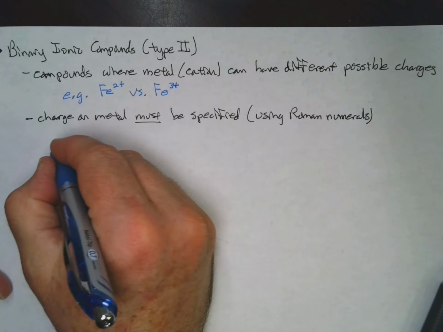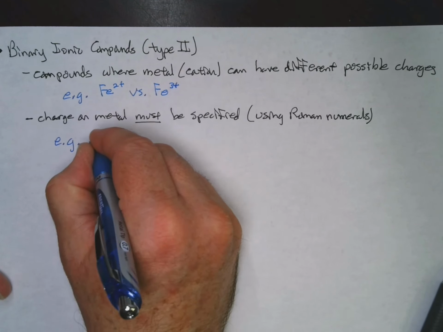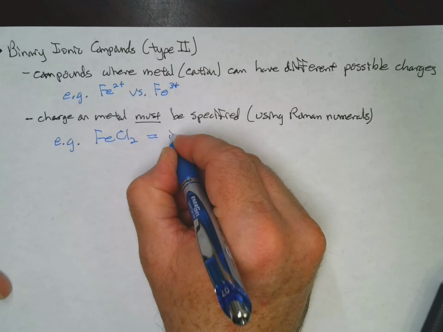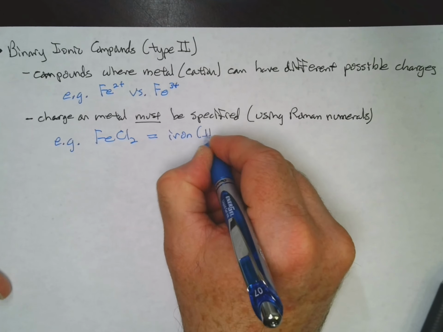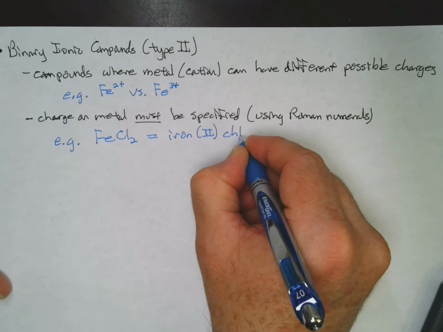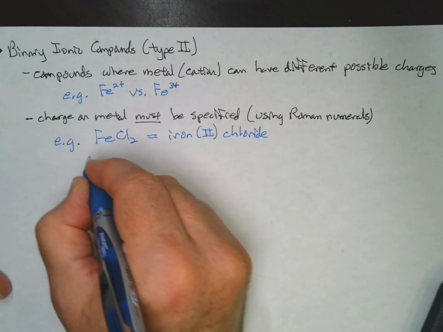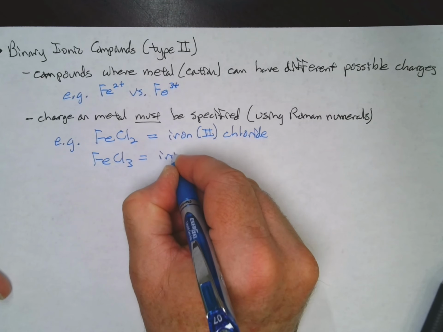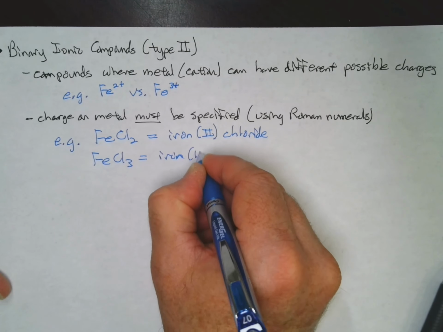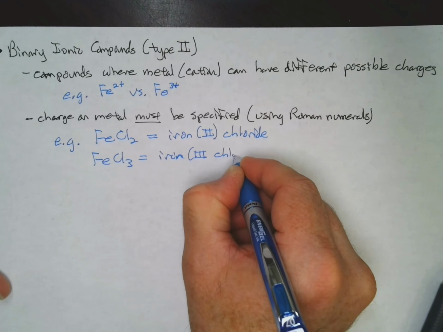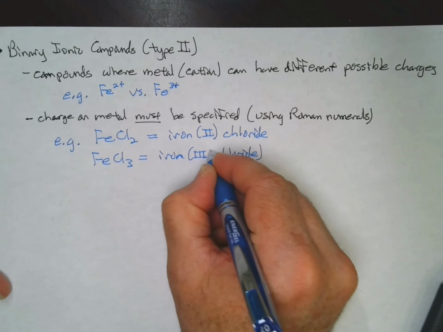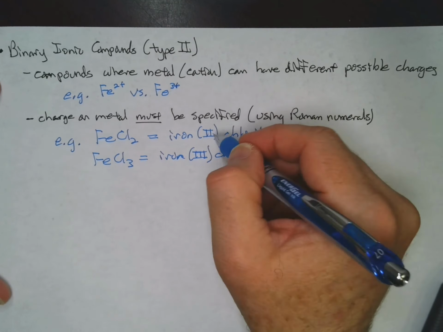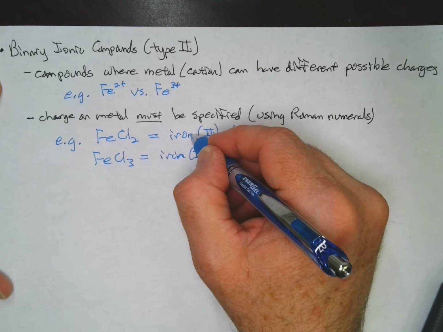So, for example, FeCl2 is iron 2 chloride. FeCl3 is iron 3 chloride. Whoops, sorry about that. The Roman numeral refers to the charge on the metal.